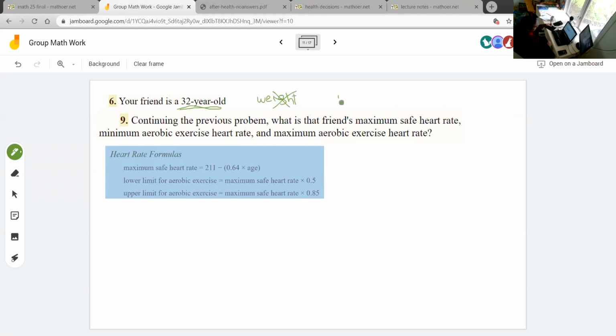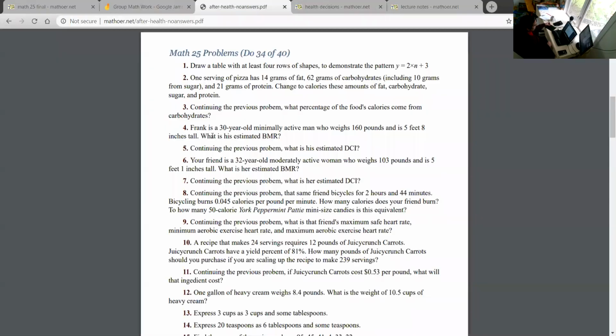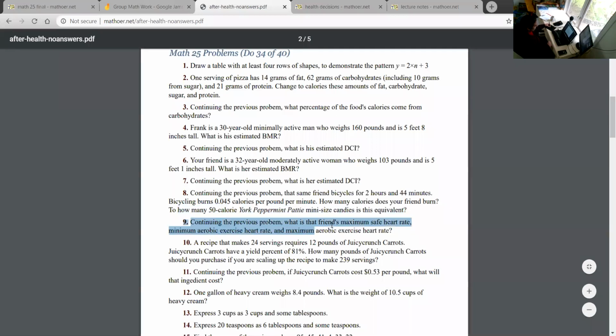I've left out their height. I've left out their activity level. I've left out whether they're male or female. So none of that matters for this formula. So it's a little bit of a red herring, because when you actually look at the test, it's not obvious what things from number 6 you still need. Does that make sense? So learn to train yourself not to get distracted by that.